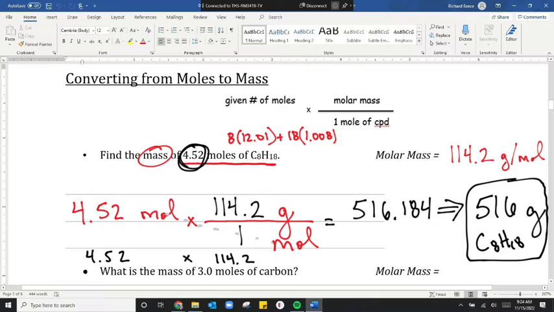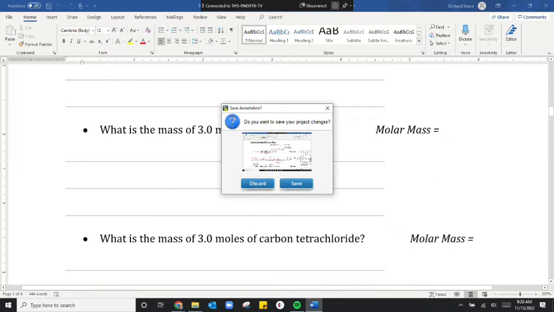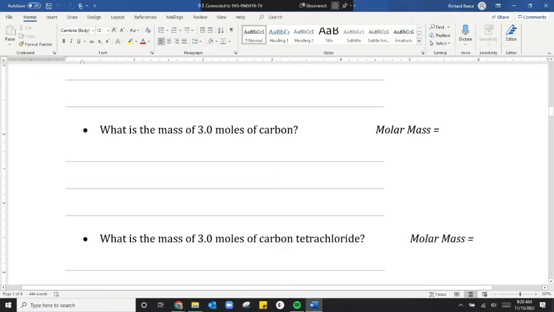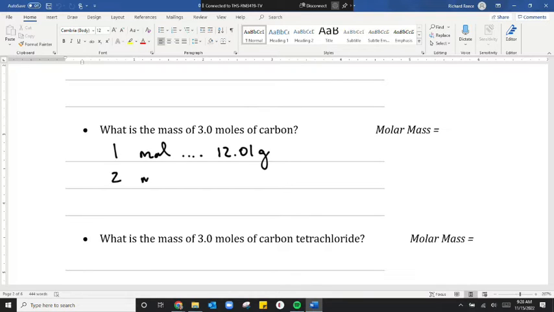So for this one, if we just think about this one proportionally, it's fine with me if we just go ahead and get that idea down. Let me scroll here. On your assignment, I'll definitely want you to show your work, but just for this one, it's made to be kind of friendly like this. 1 mole of carbon was 12.01 grams. 2 moles of carbon, this is what the molar mass is all about.